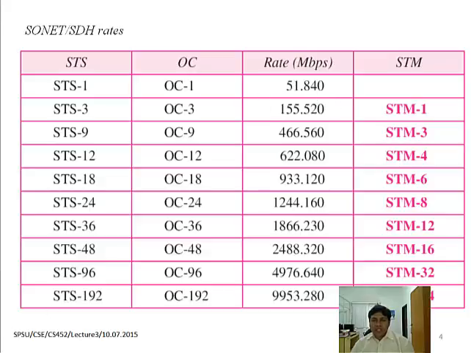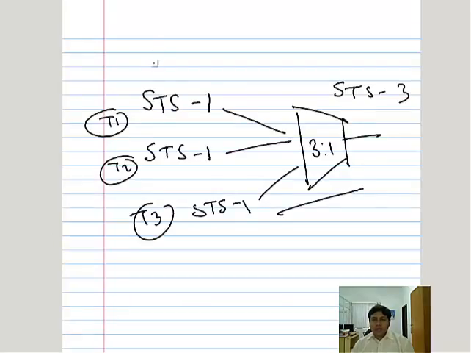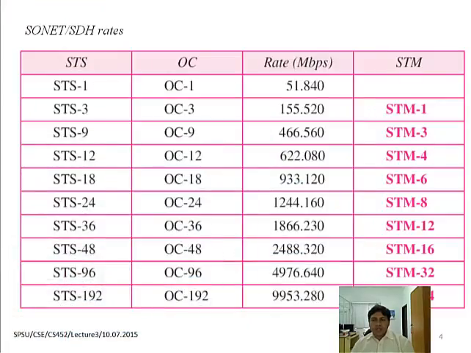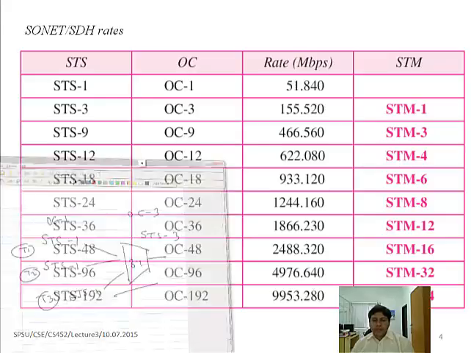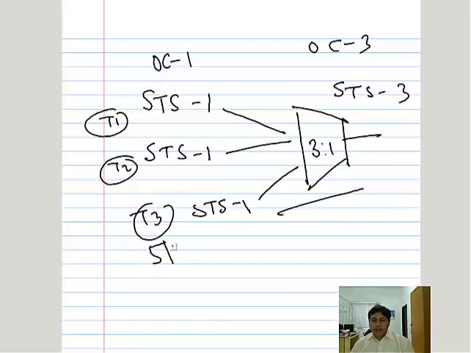So one STS or one OC1, if you take this is OC1, this is OC3, this is STS1, this is STS3. Now this is 51.840, and if I multiply by 3, this will come to 155.520.